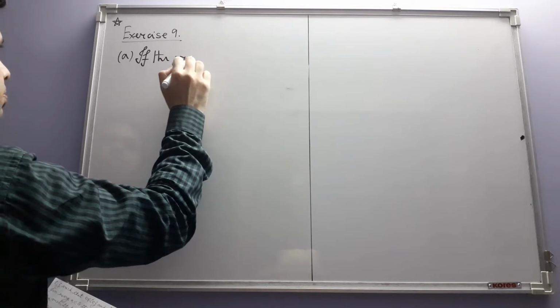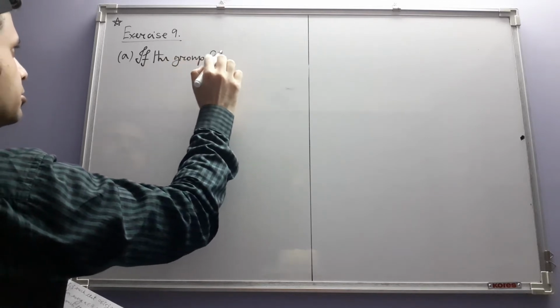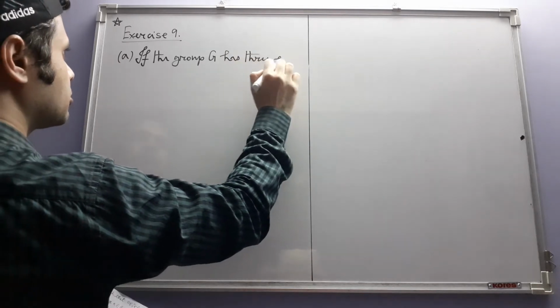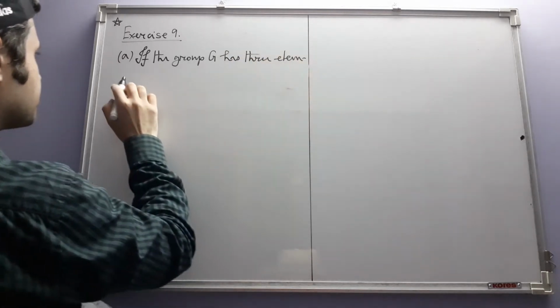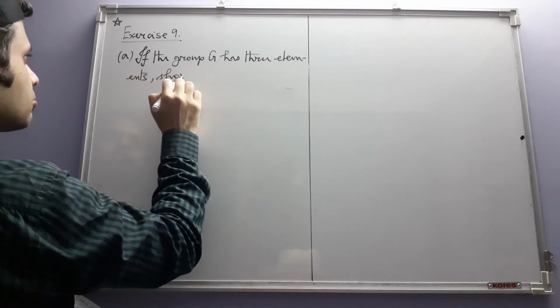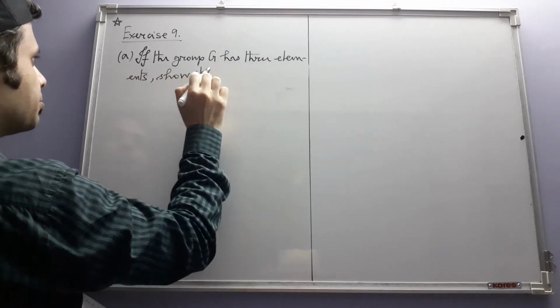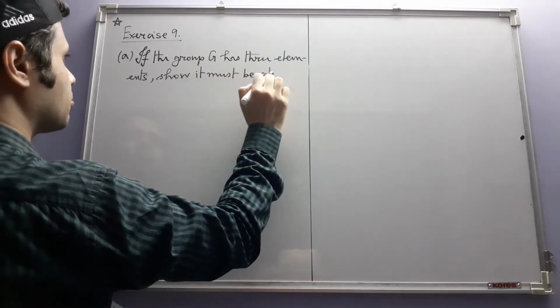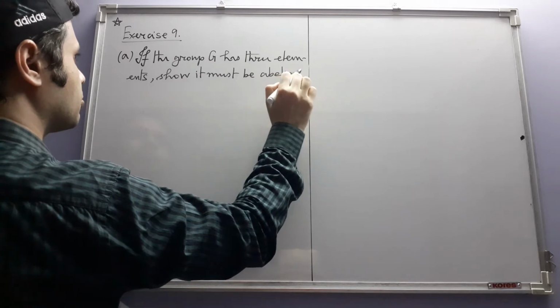If the group G has 3 elements, then it must be abelian.